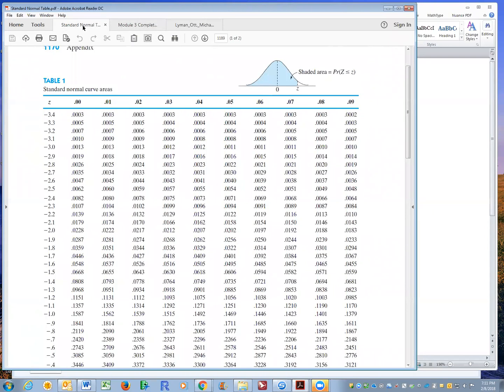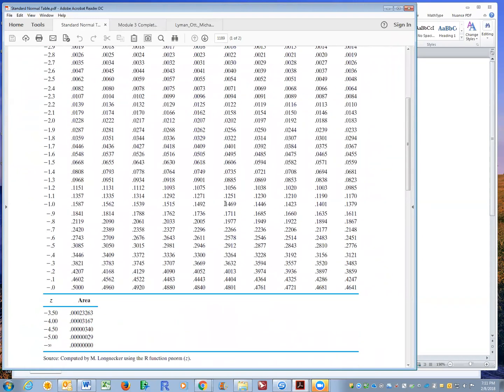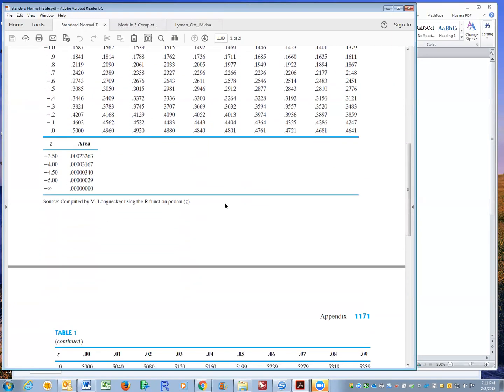So I go to my table, and again, the values in the meat of the chart are the areas under the curve to the left of the Z score. So I want to find the area that's closest to 0.90.